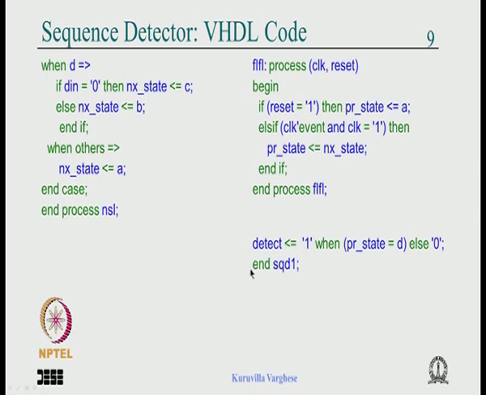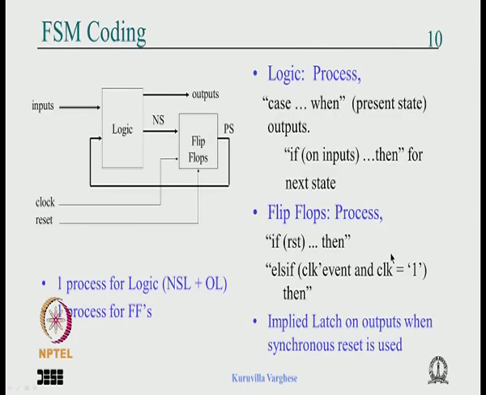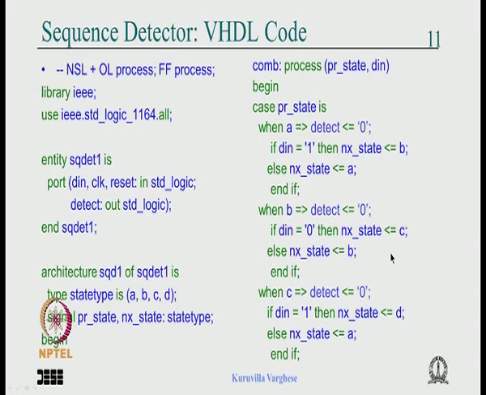And when you write the output as a concurrent statement, you can use when else or with select. If it is with select, you say with present state select, or with when else, you can write like that. And we have seen the next state logic and output logic together. The only difference is that in the case of each choice of this present state, you specify the transition as well as the output, okay.